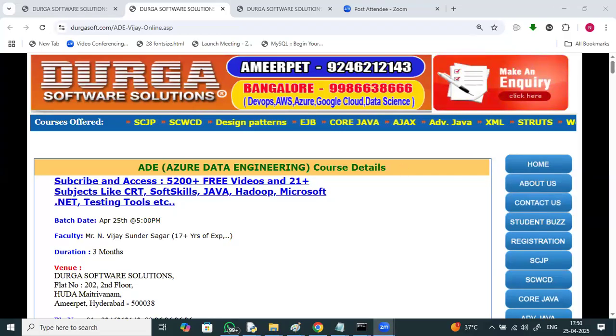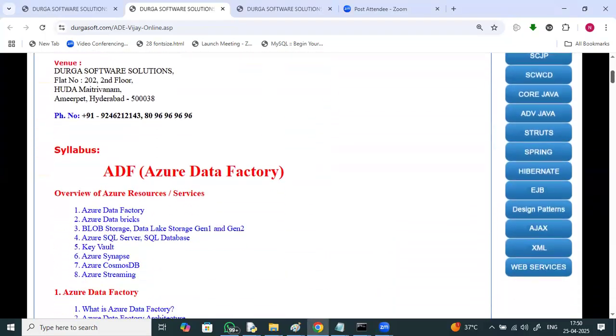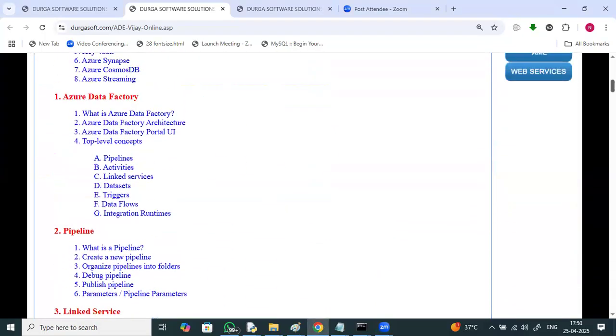Any other queries from your side? From tomorrow, we'll be starting with Azure Data Factory. What is Azure Data Factory? It's a zero coding ETL. No coding is involved in ADF. Everything is drag and drop. Everything looks simple. Any other queries?